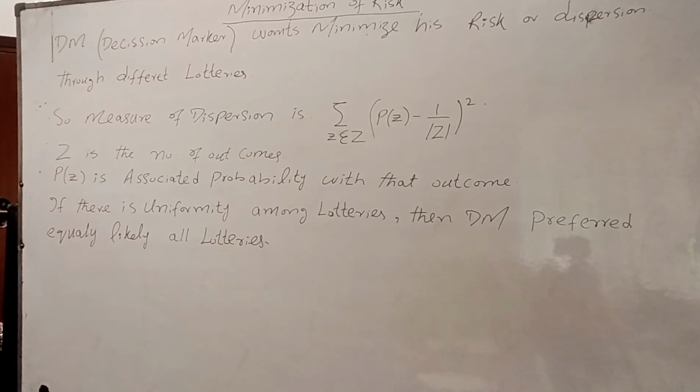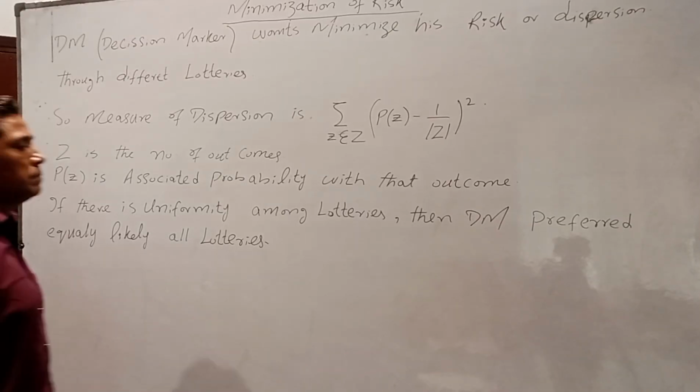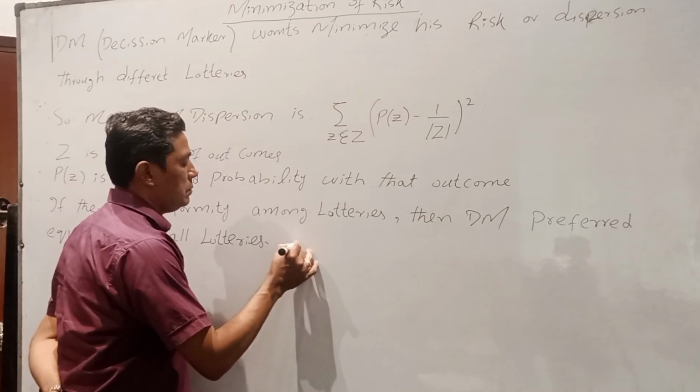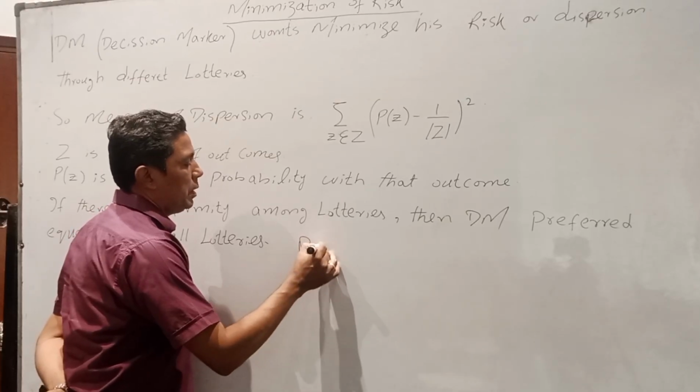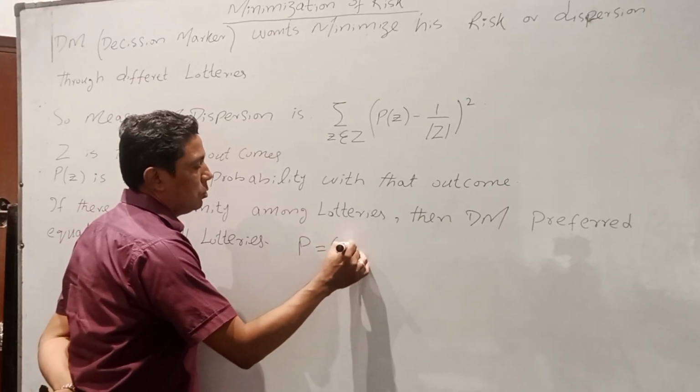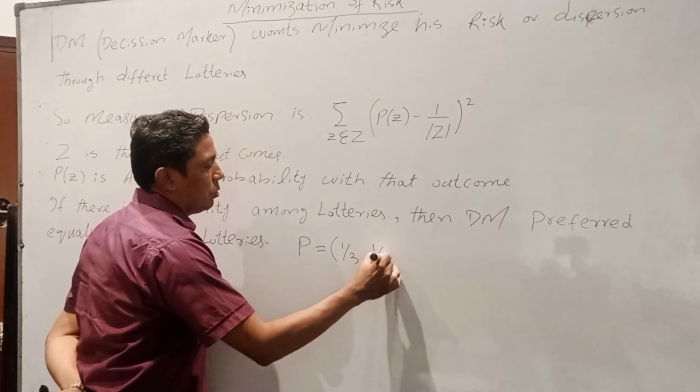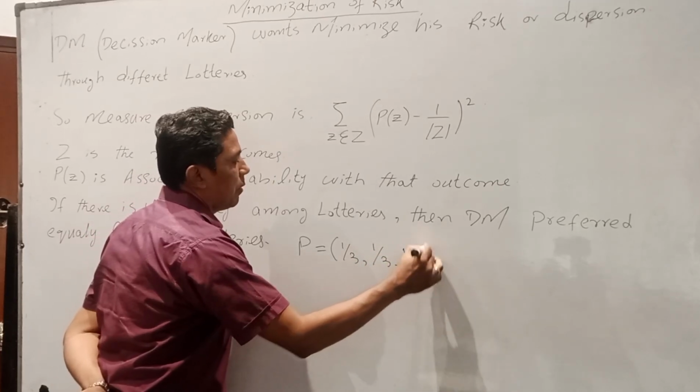For example, P equal to 1 over 3, 1 over 3.